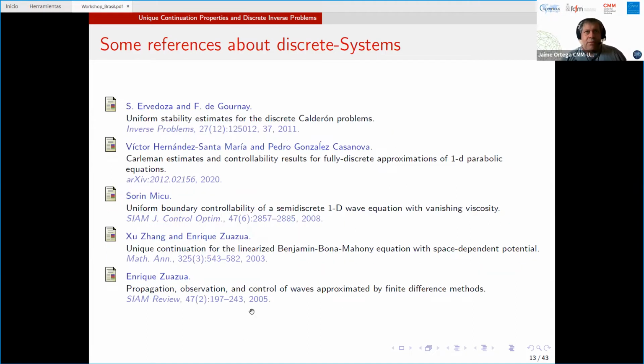There are some cases in 1D and for controls where people say yes, the unique continuation property does not hold in the same sense as in the continuous case, because there is some restriction related to the size of the mesh. That's the main problem here.